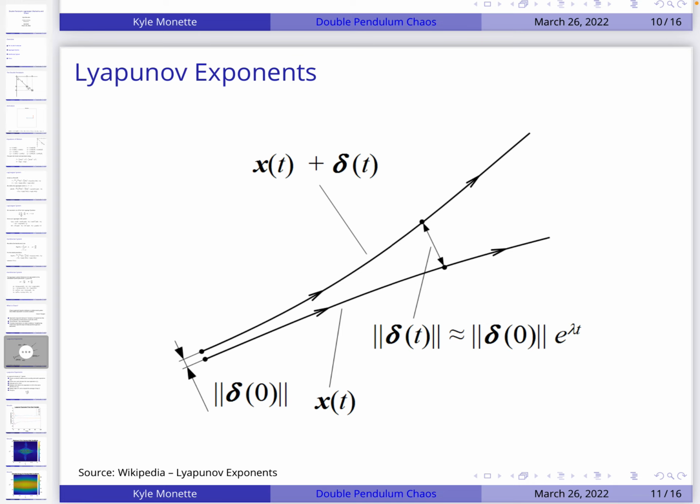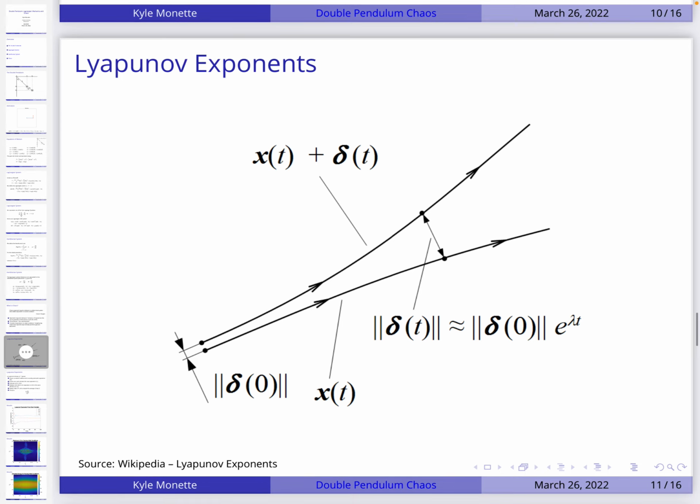This is a sufficient condition for chaos, and there are other conditions to show as well, but those are pretty easily satisfied with our system.